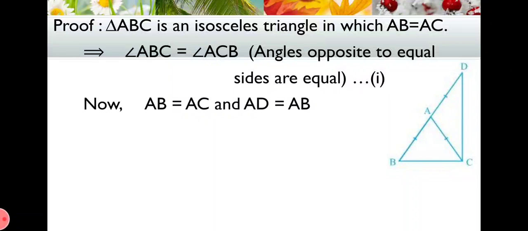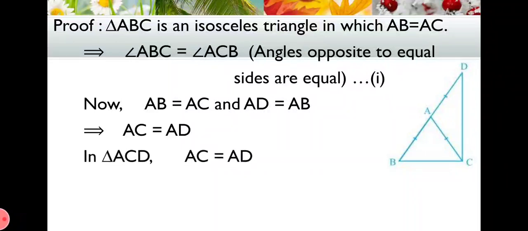Now AB equal to AC is given, and also it is given that AD equal to AB, implies that AC equal to AD, because AC is also equal to AB and AD is also equal to AB. So we can write AD equal to AC. So in triangle ACD, AC equal to AD.